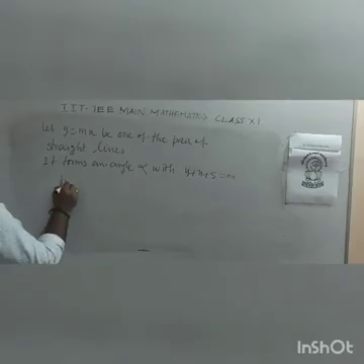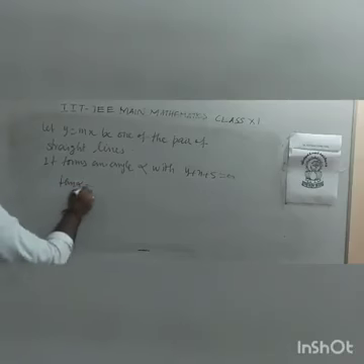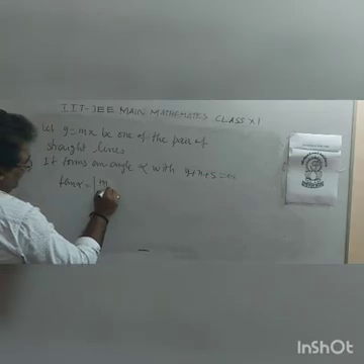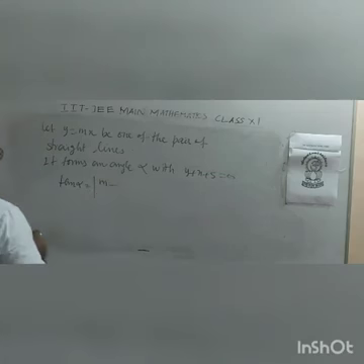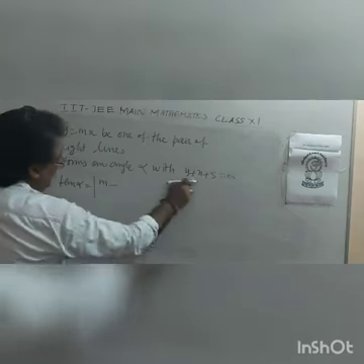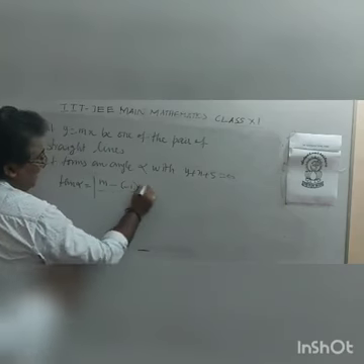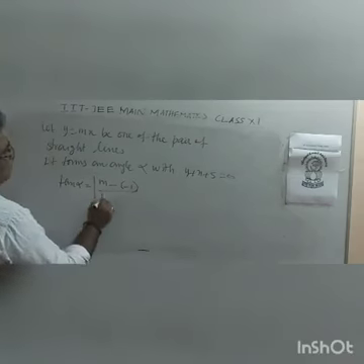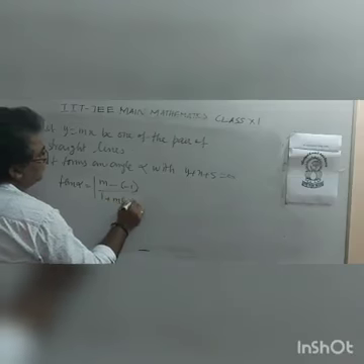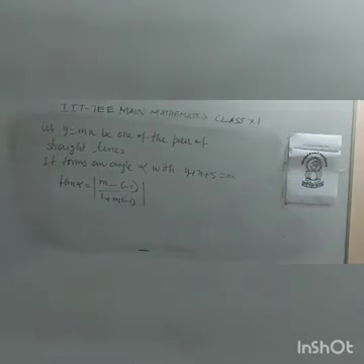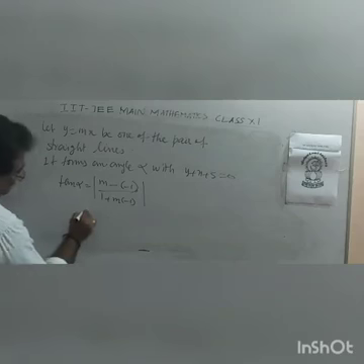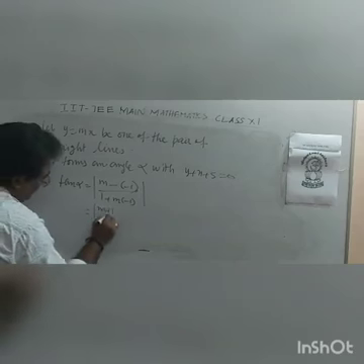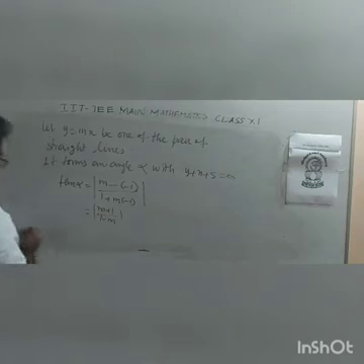So tan alpha equal to modulus of m1 minus m2 by 1 plus m1 m2. Our slope is m, the slope of this line is minus 1, so modulus of m plus 1 by 1 minus m.